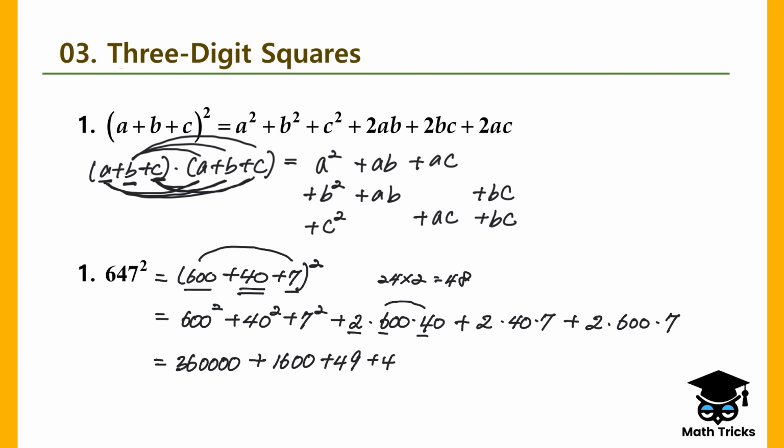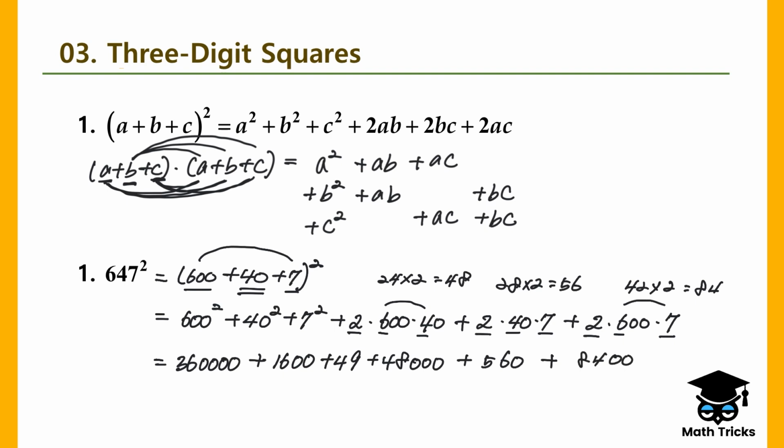So plus 48 with the 3 zeros. 2 times 4 times 7, that's 28 times 2, that's 56 with 1 zero. So 56 with 1 zero plus 2 times 6 times 7. 6 times 7, that's 42. So 42 times 2, that's 84. So 84 with the 2 zeros.